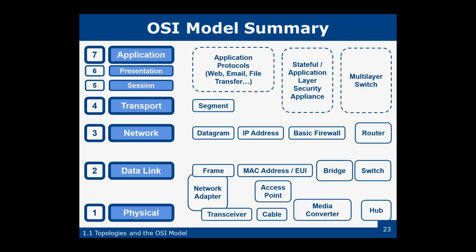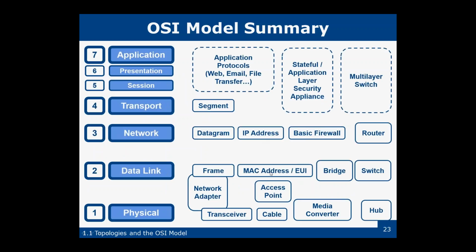The OSI model summary: application and presentation, the applications, web, and all those things. Stateful application layer security appliance, and that shouldn't mean anything to you yet. That's in firewalls. We have stateful and stateless firewalls. Multi-layer switches at the transport layer, the segment, the datagram here, IP addressing, the basic firewall; the router is going to be the device.